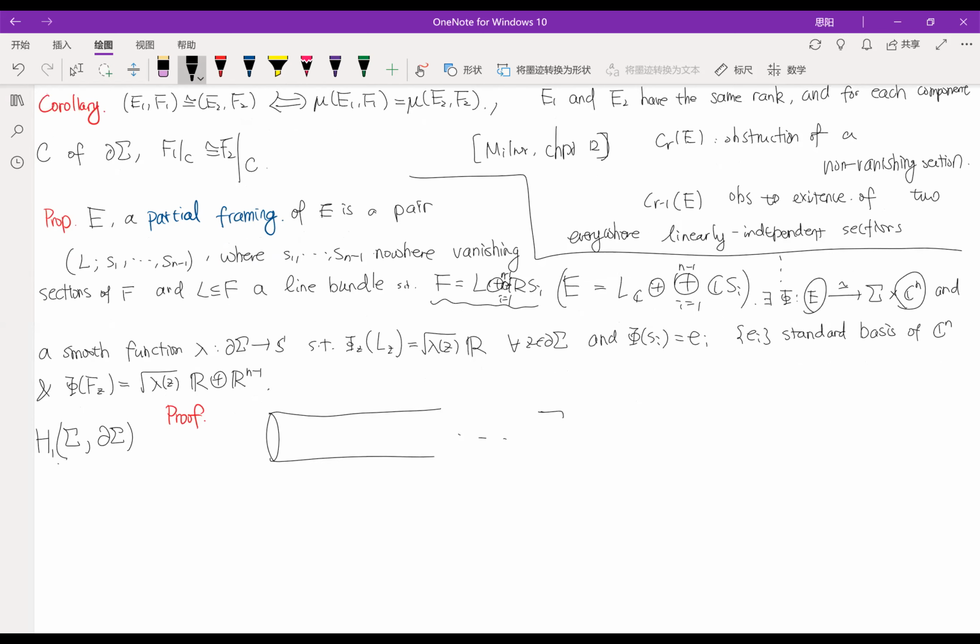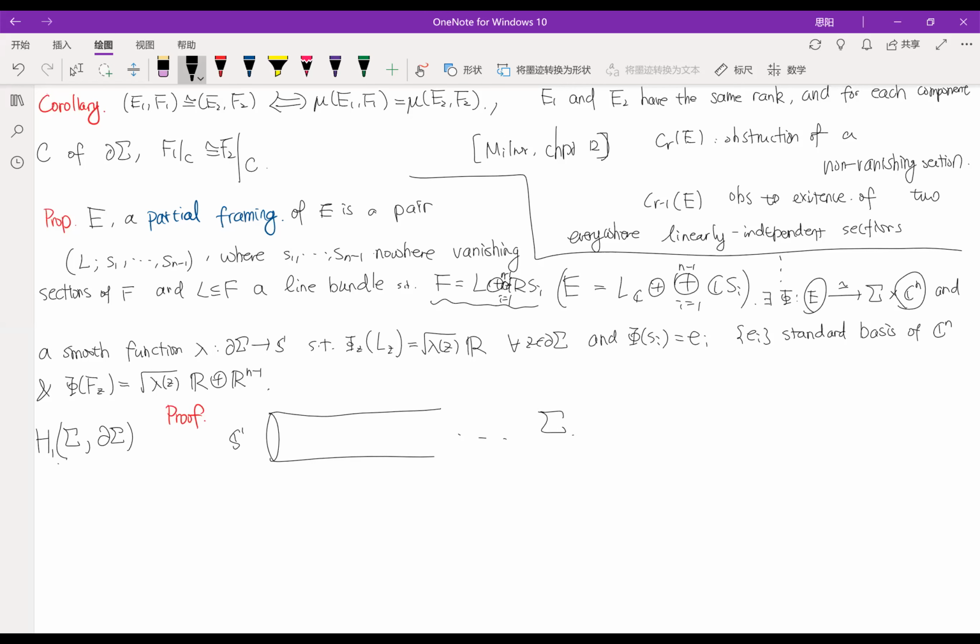We have a sigma with boundary. This is sigma and this is S1. In order to give a partial framing of F, we have assigned a partial framing of F.